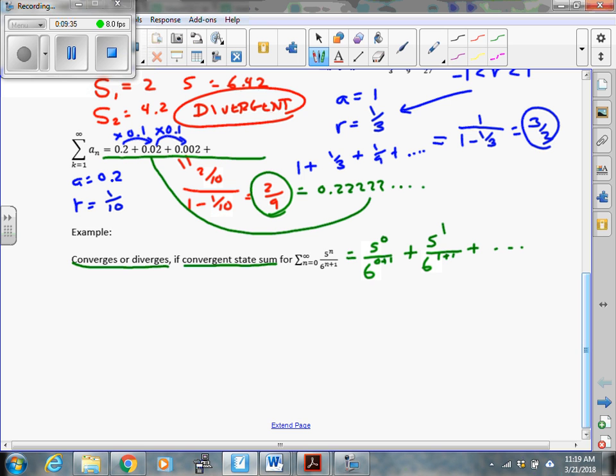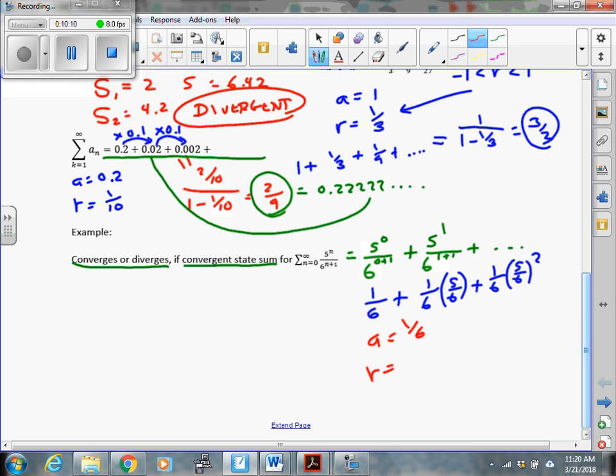My first term is 1 over 6. Plus, my second term is 1 over 6 times 5/6. Plus, my next term would be 1/6 times 5 over 6 squared. That means I know what my first term is.